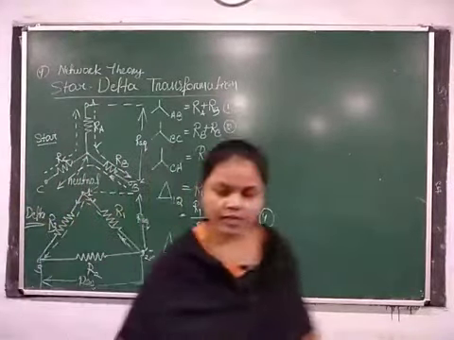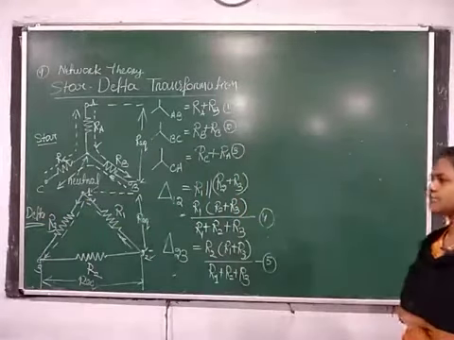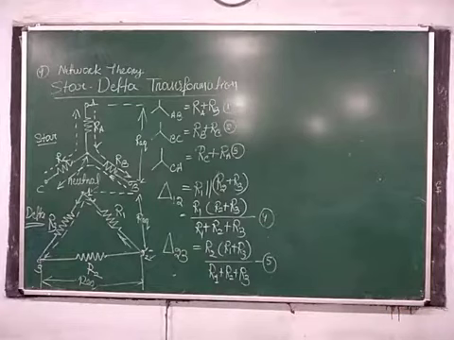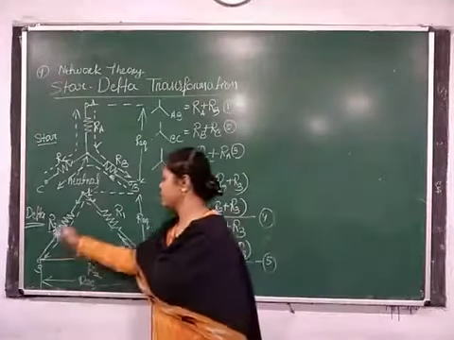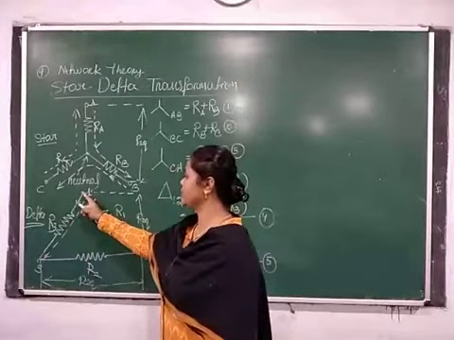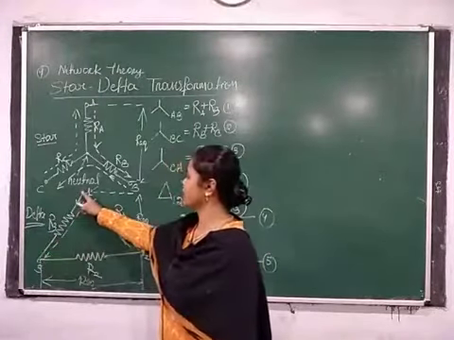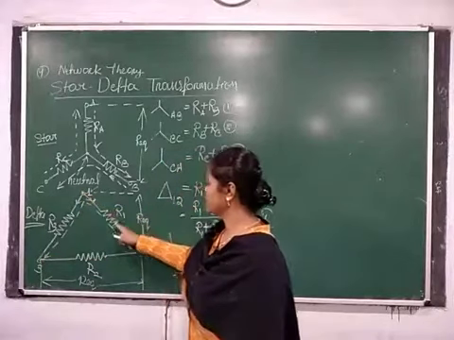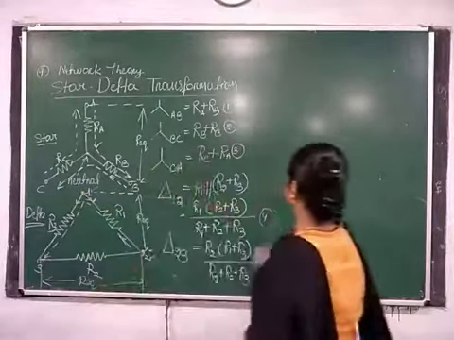Then similarly you find the equivalent resistance between terminals 3 and 1 in the delta connection. If you take this terminal 2, then this R3 branch is in parallel with the series combination of R1 and R2.